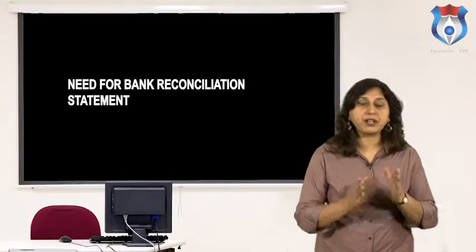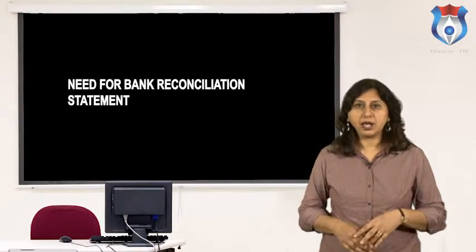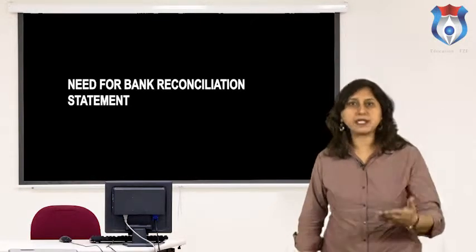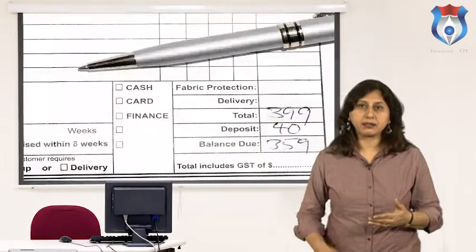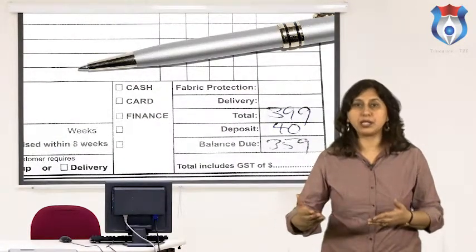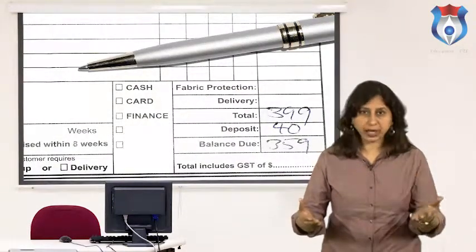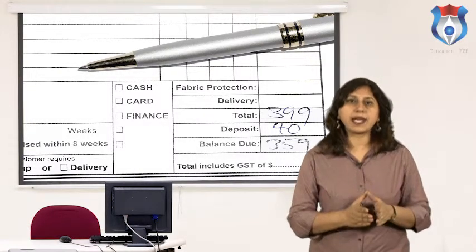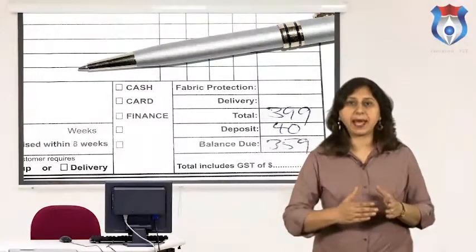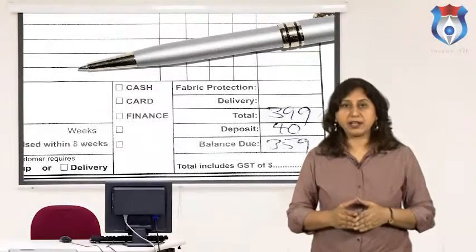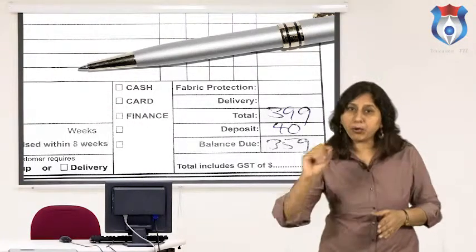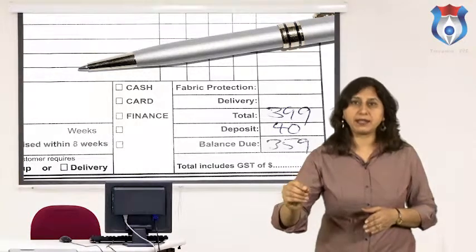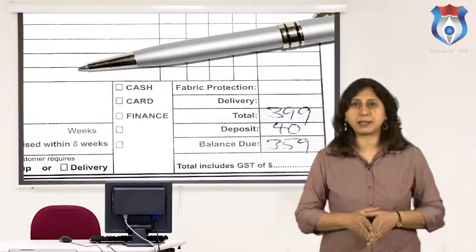Need for bank reconciliation statement. When an organization opens a current account in a bank, the bank provides the account holder with a bank statement, a checkbook, and a pay-in slip book. Whenever the organization withdraws money from the bank, it uses the check, whereas whenever it deposits money or check into the bank, it uses the pay-in slip.